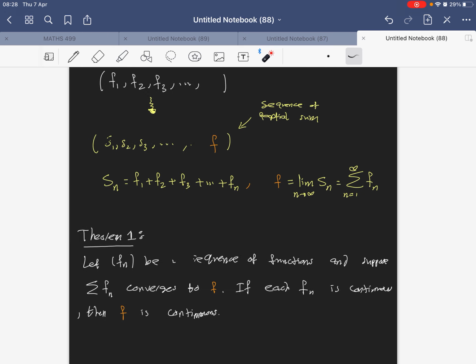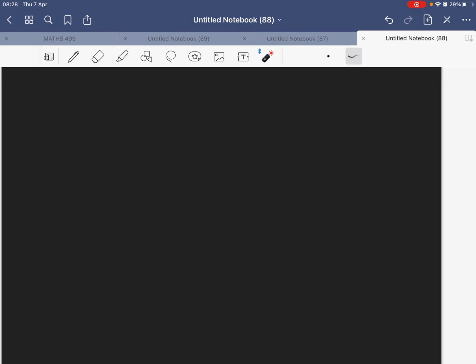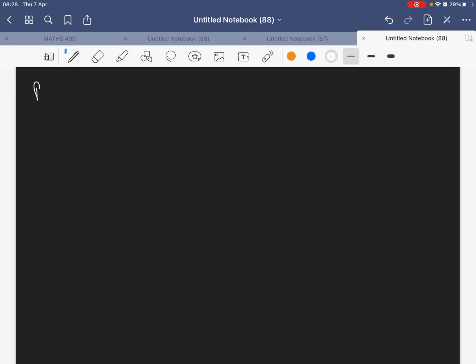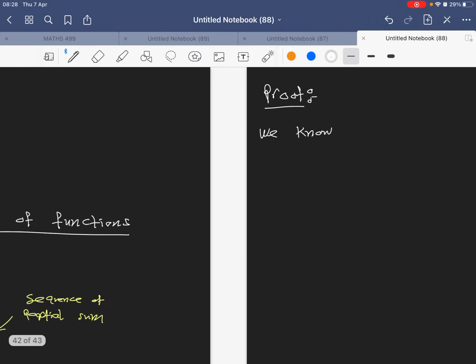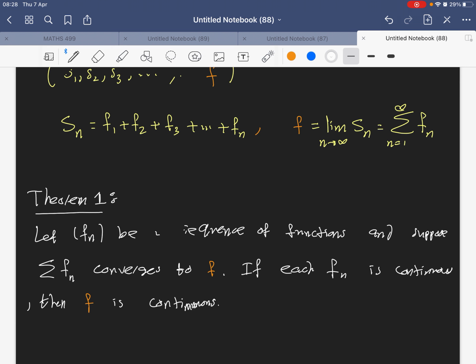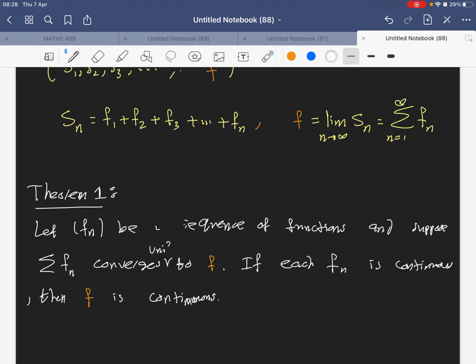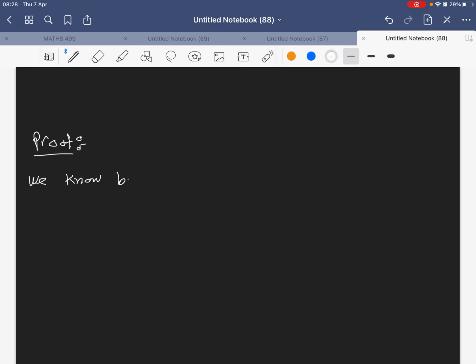How would we prove it? The proof is as follows. Of course, I forgot to write something very important here: converges uniformly. Remember, everything we have to do is uniformly. So we know by assumption that Sn converges uniformly to f. That's the assumption.